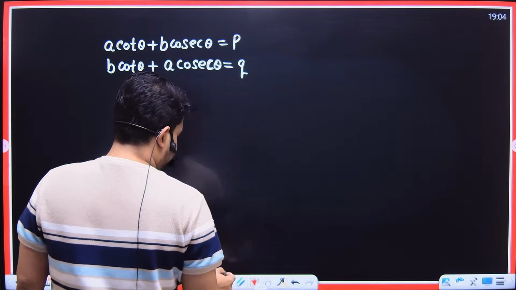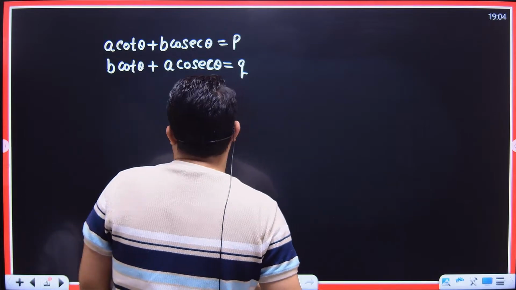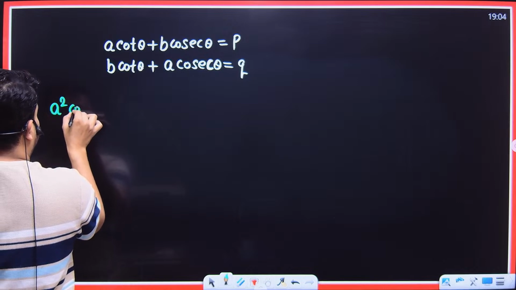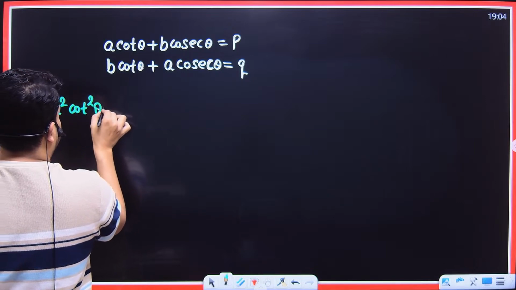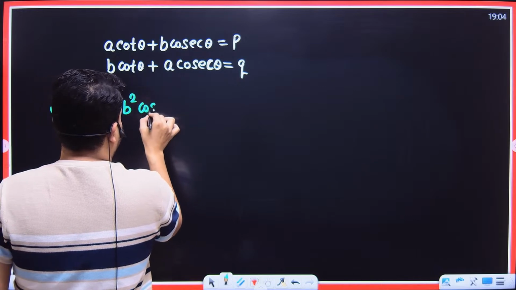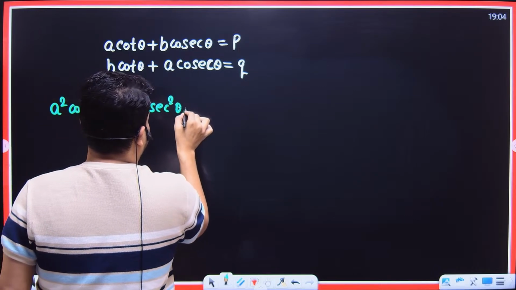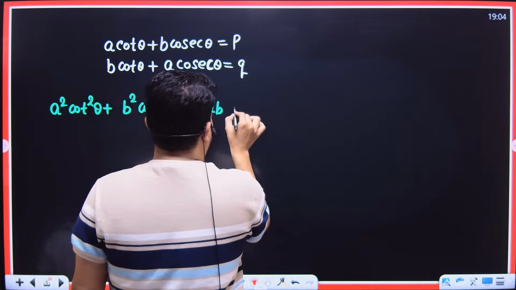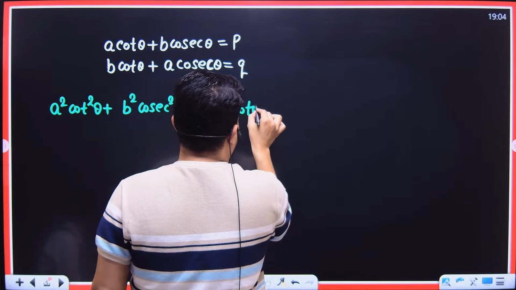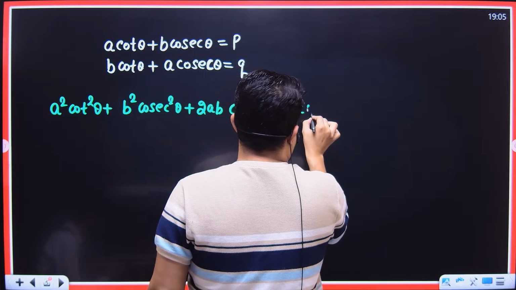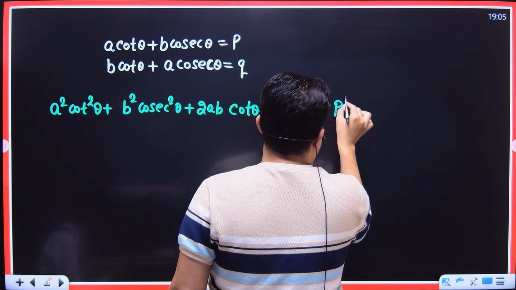Squaring both sides, I will get A square cot square theta plus B square cosec square theta plus 2AB cot theta cosec theta is equal to P square.